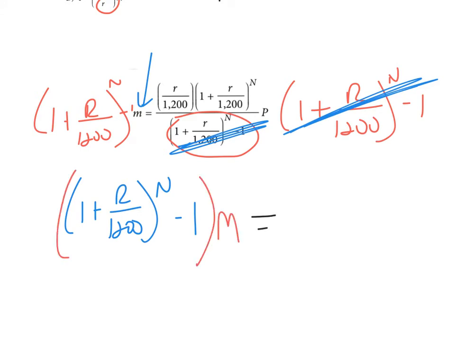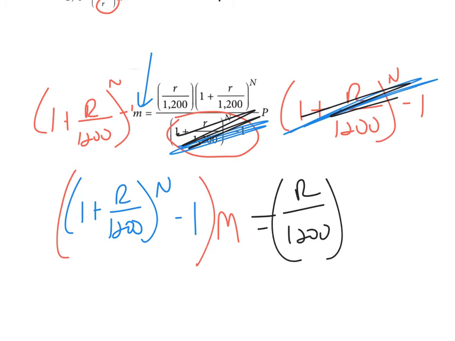And then on the opposite side, now that my denominator is gone, I have r over 1200 times 1 plus r over 1200 to the n power times p.